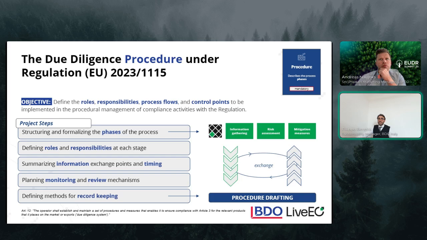So this process can be defined as the heart of the due diligence system and is therefore a continuous process in which we carry out operational activity on one side and formalize it on the other.